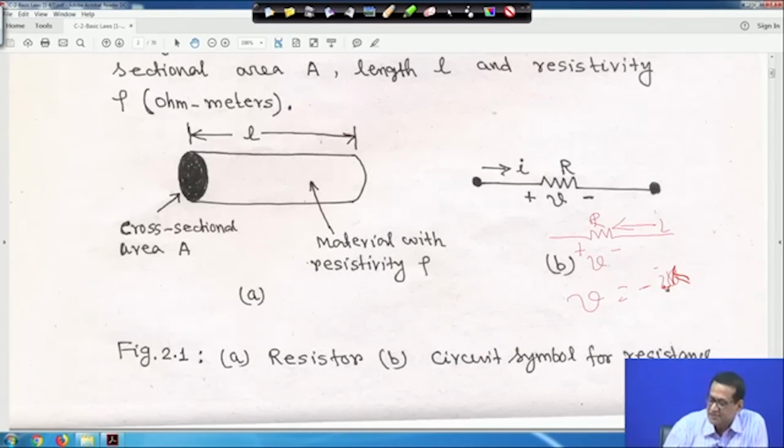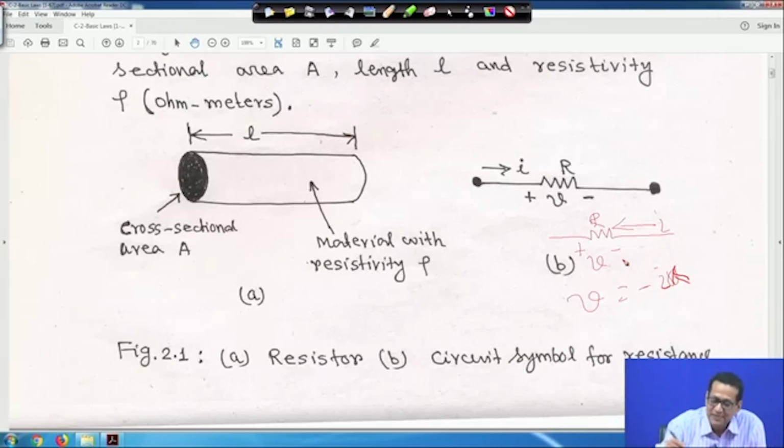But when we solve the numericals, we will find that a resistor is a passive element, and finally it will absorb power. If V is equal to minus IR happens, you will find that I will be negative. So, ultimately V will be equal to IR, because the direction will change, right. So, if the direction of the current changes, it will be V is equal to minus IR. Later we will see this when we go for the KVL equation.